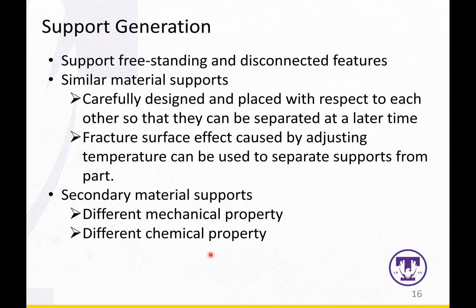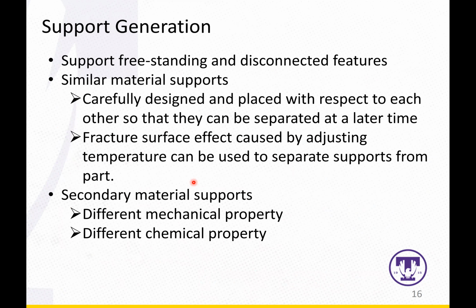And another step is the support generation. I think we have discussed a little bit about it, right? There are different support materials used for fused deposition modeling. One is similar material supports, or even just using the same material as the support.